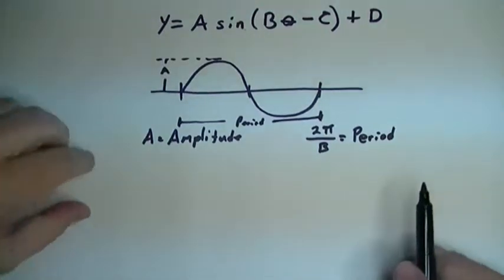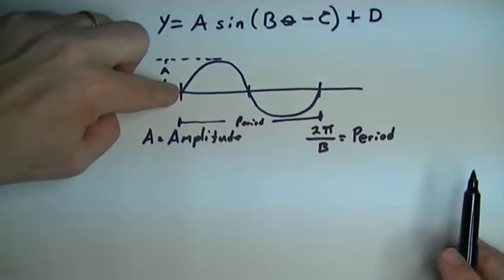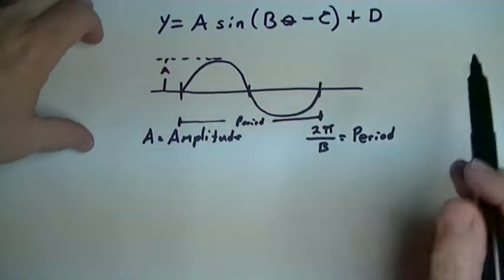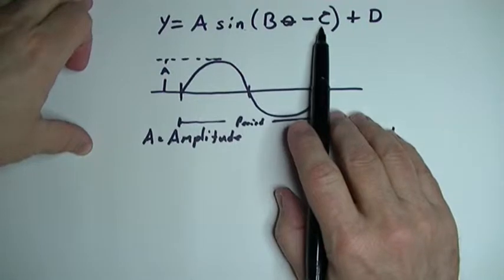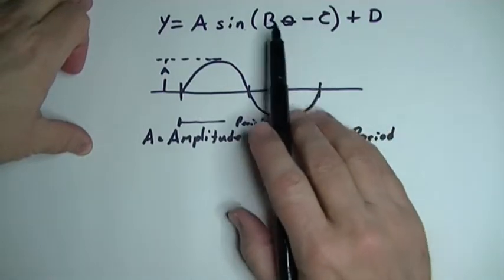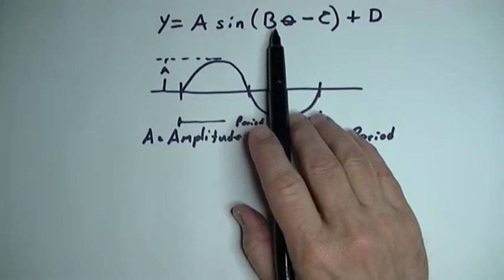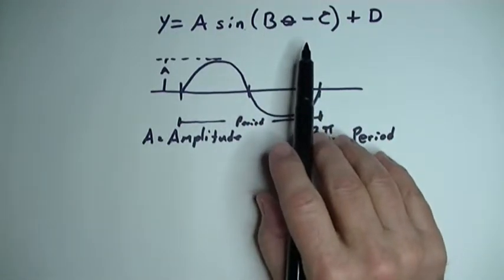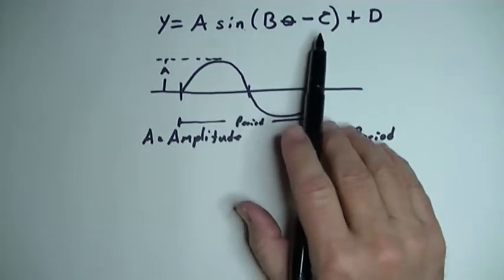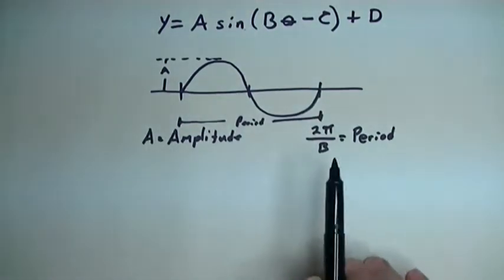Okay? Now, we want to know where we're starting, right? And this could be the y-axis, but it may not. It depends on this value of c. Now, it's not directly c. It is if there's no real b value, or at least if the b is a 1. Then you can look at c and say, oh, that's my phase shift, just exactly like a parabola in vertex form. It shifts it right if it's negative and left if it's positive.